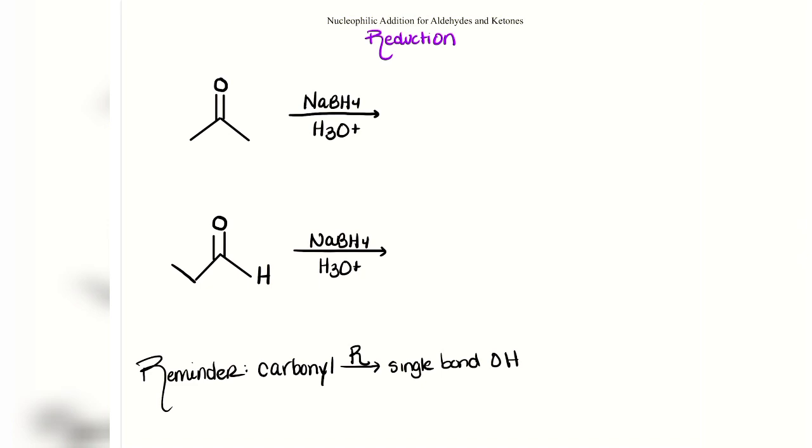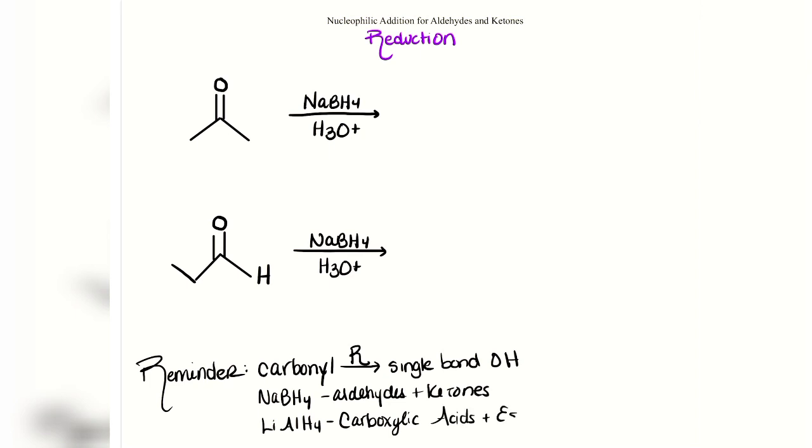So anytime I see NaBH4, that one's really best for aldehydes and ketones. You may see another one that could be used, which is LiAlH4 under acidic conditions, but this one is mostly used for carboxylic acids and esters.